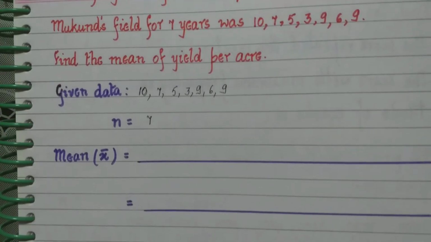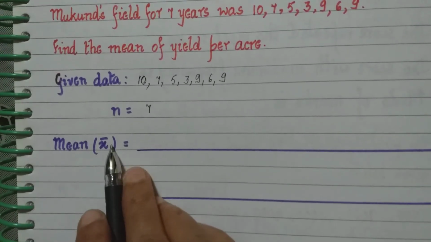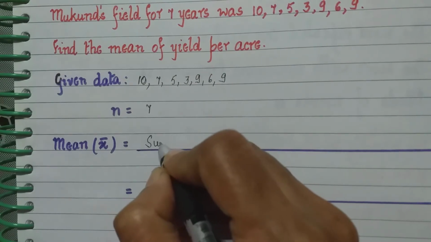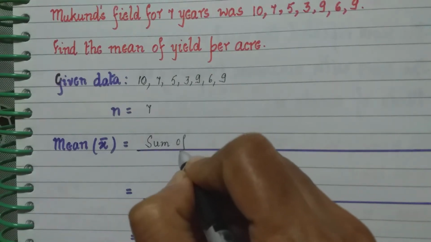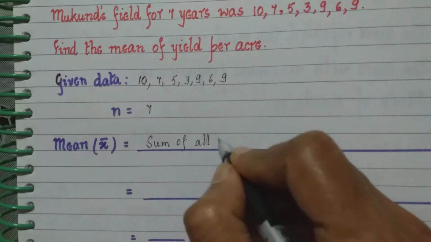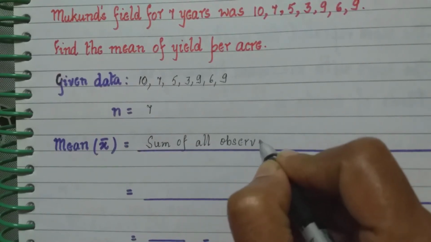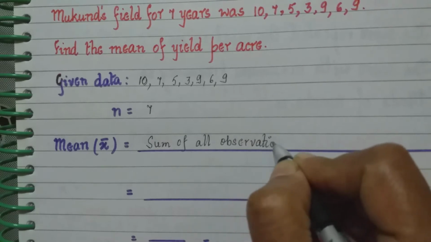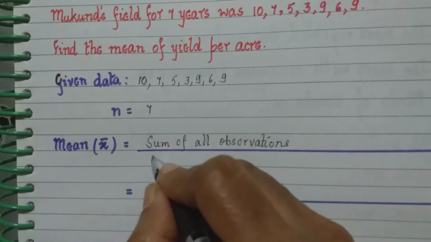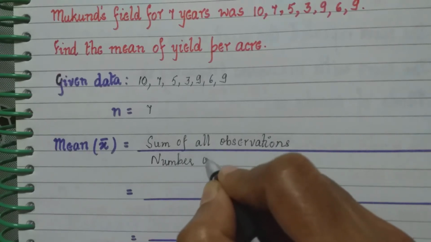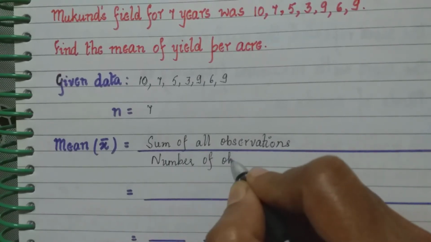Mean is usually represented by x bar. So it is the sum of all observations upon the number of observations.